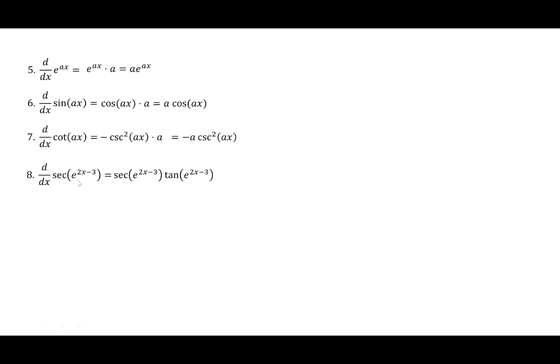So, what's the derivative of e^(2x) minus 3? Now, we already said u is this guy. How about this? Look at this as e to the u1. Cool. What is the derivative of e to the u1 with respect to u1? e to the u1.